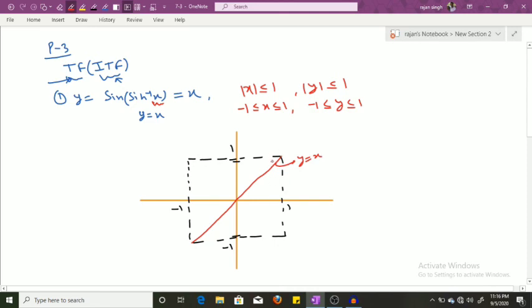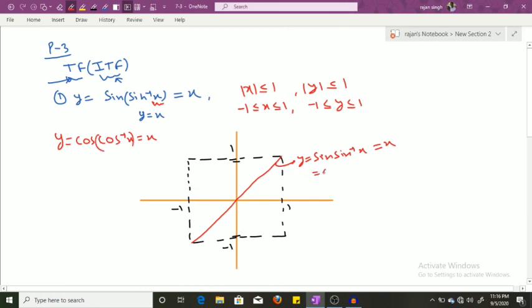It is basically sine of sine inverse x, and this is also y equal to x. Same to same for y equal to cos of cos inverse x.